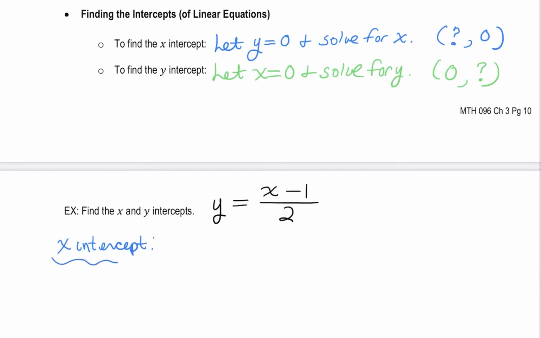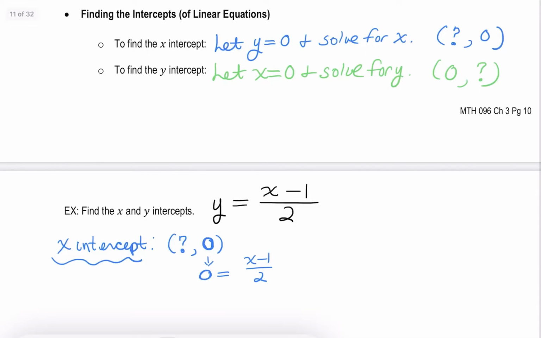So remember, the x-intercept is going to be where you're going to sub in 0 for the y-coordinate, and then you're going to figure out what the x-coordinate is. So 0 is what goes in for y, and then you're going to solve this equation for x.